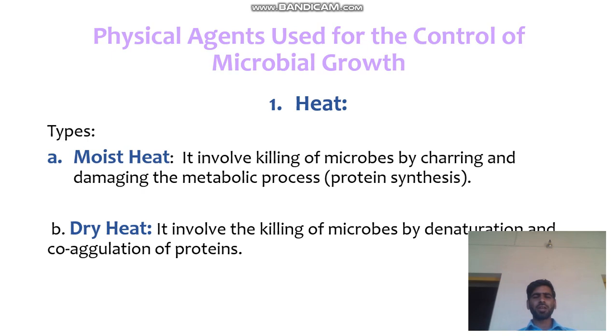Moist heat mainly stops the process of protein synthesis, while dry heat is mainly involved in the denaturation or coagulation of proteins, meaning the destruction of proteins that act as enzymes or structural proteins, for example those forming the cell wall, cell membrane, or spores. In dry heat, we mainly focus on such proteins.